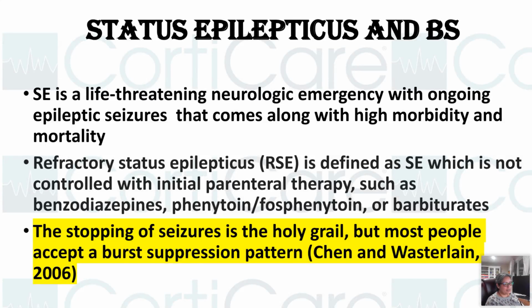If the seizures are not stopped, we come to a middle ground: let's have a burst suppression in these patients and gradually let the neurons come back to their baseline, let the brain heal, let the metabolic demand change over a period of time. So burst suppression is considered a very friendly gesture in a patient with status epilepticus.